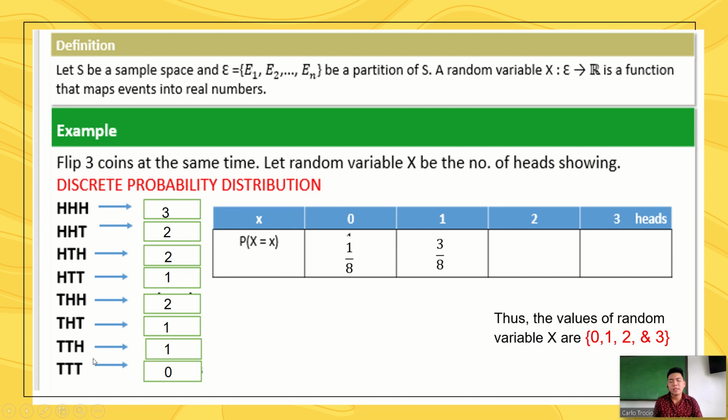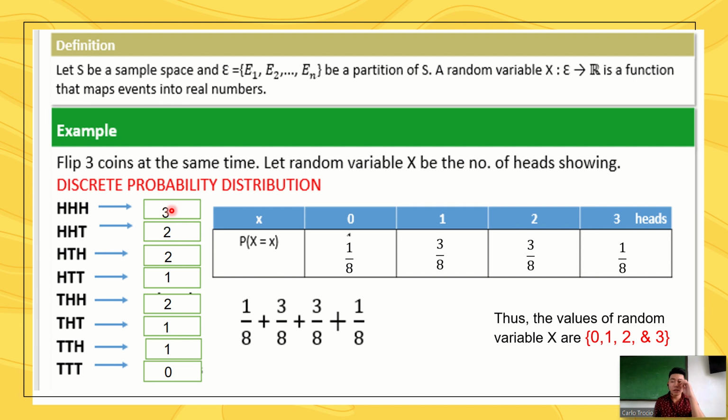Next is 1, so you will have 3 ones, so you'll have 3 over 8. Next is 2. So how many twos can you see? There are 3. So the same, you will have 3 over 8, and then for 3, you will only have 1 over 8. So this is now what we call the probability mass function represented in a tabular form.